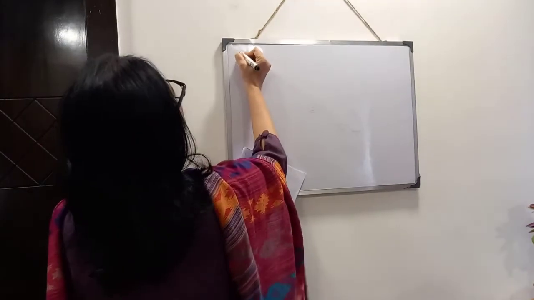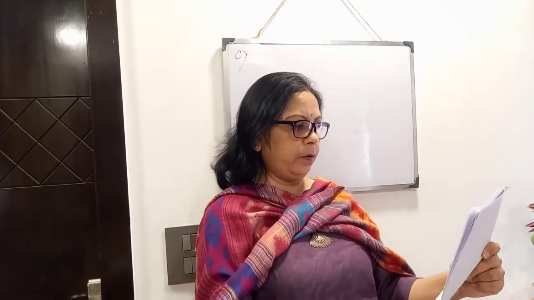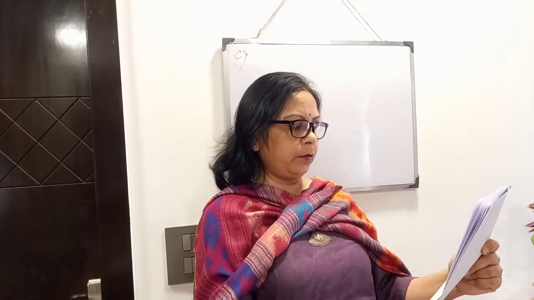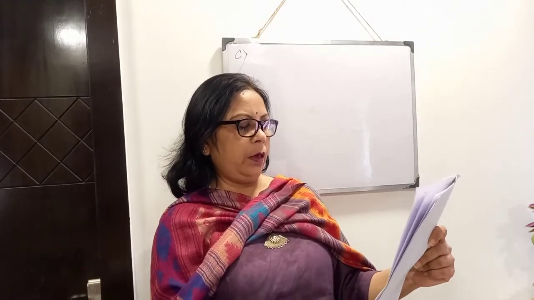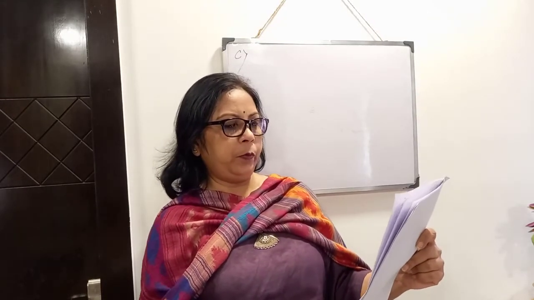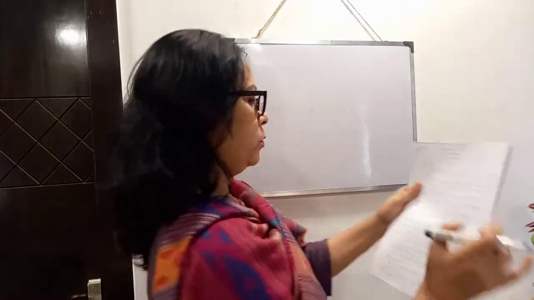Number C. If the amount of a principal at the rate of 4% per year, means per annum, for X years is rupees Y. Clear? Here amount given rupees Y. Principal not given, so we may consider let the principal be rupees P. Years given X and rate of interest given 4%. So what information is there? Firstly write down.